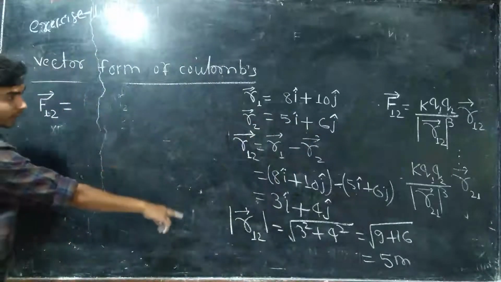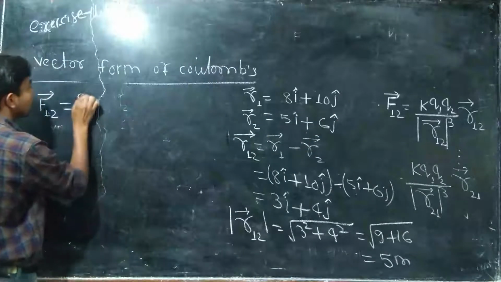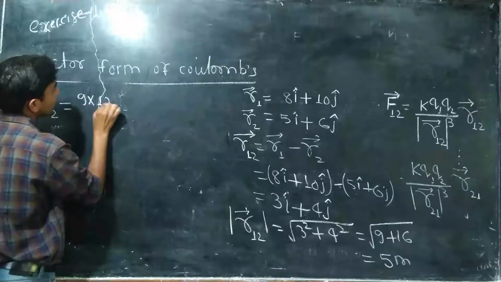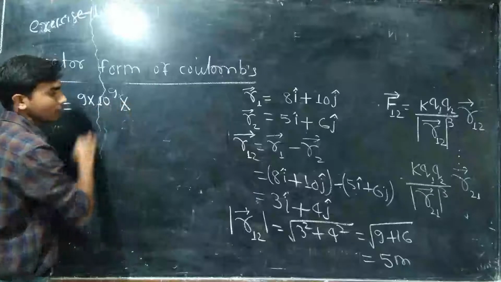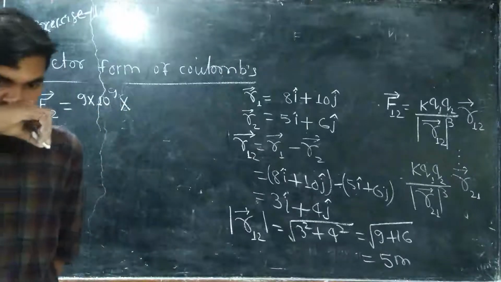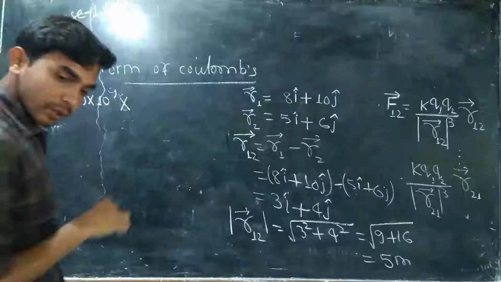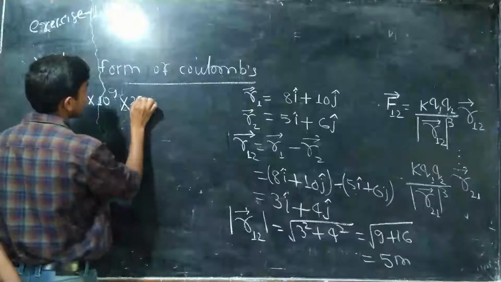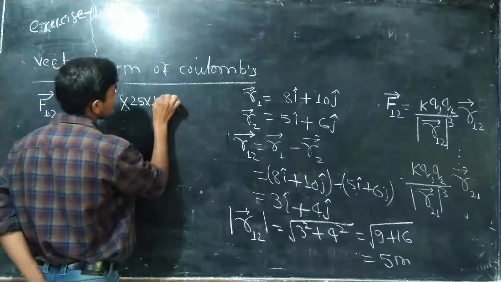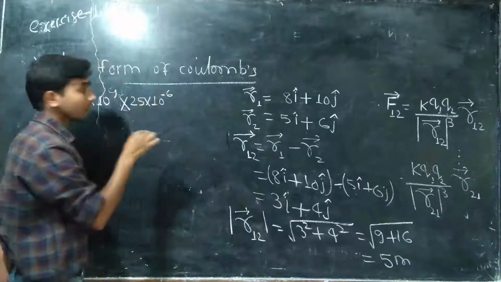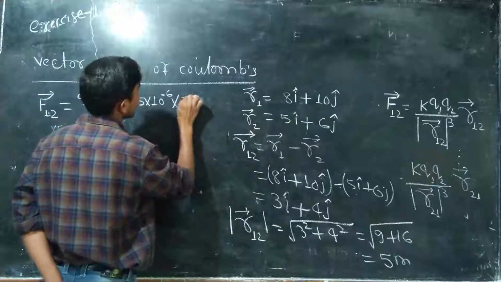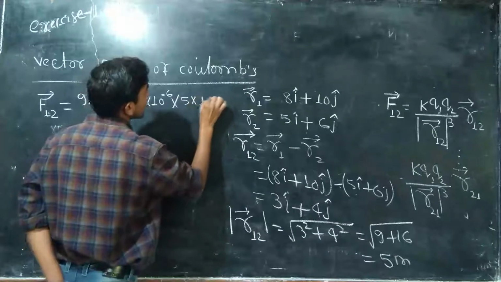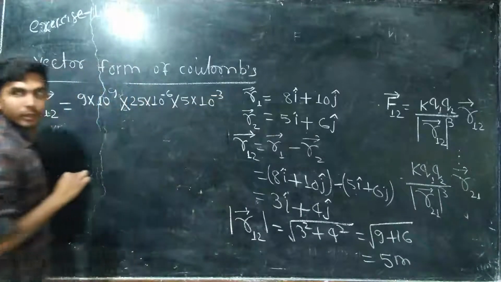K is known to you. K is how much? 9 into 10 to the power 9. And Q1 is given, 25 into 10 to the power minus 6, right? And Q2 is given, 5 into 10 to the power minus 3.